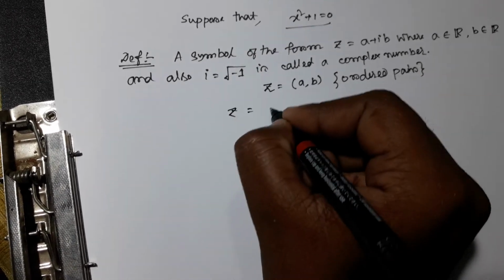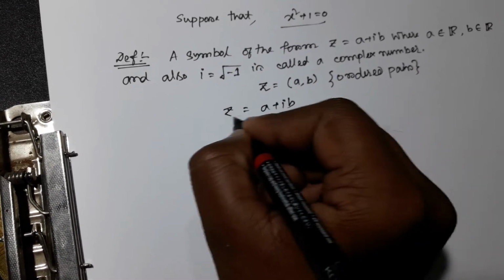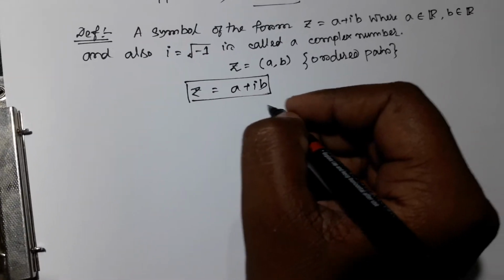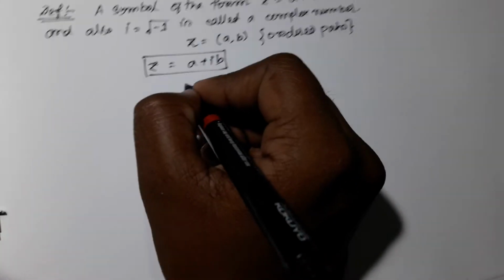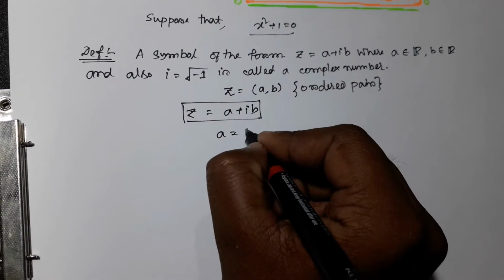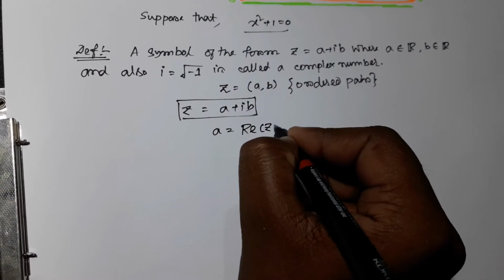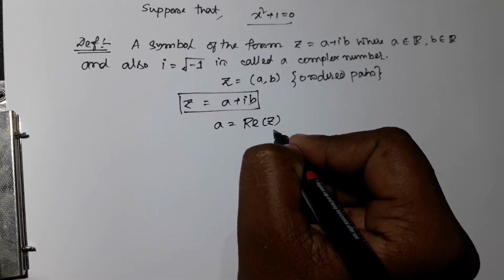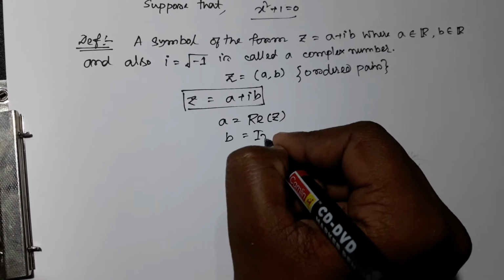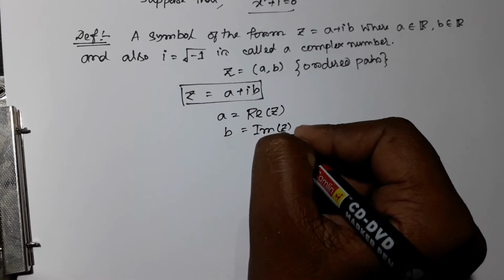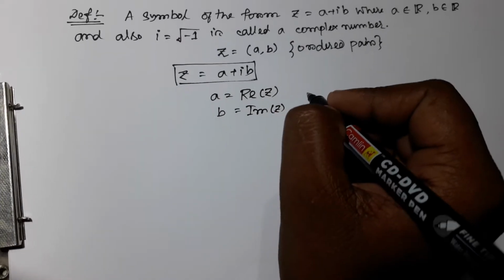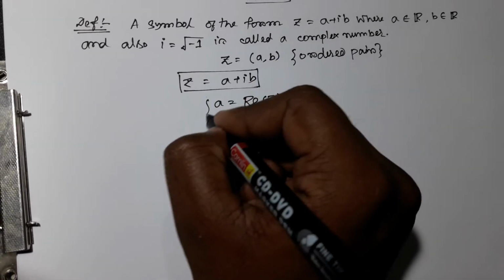Z equals to A plus iB is the form of a complex number, where A is Re Z, that is the real part of Z, and B is Im Z, that is the imaginary part of Z.